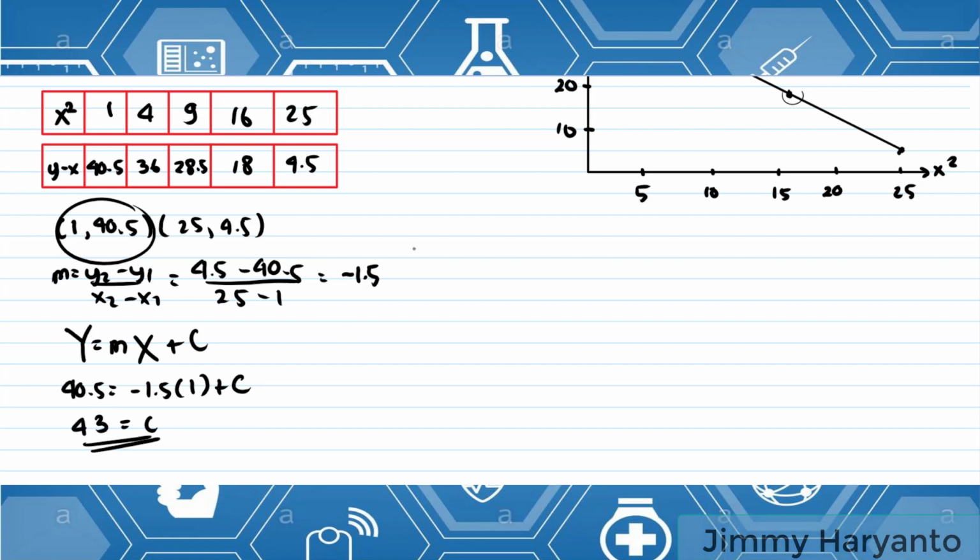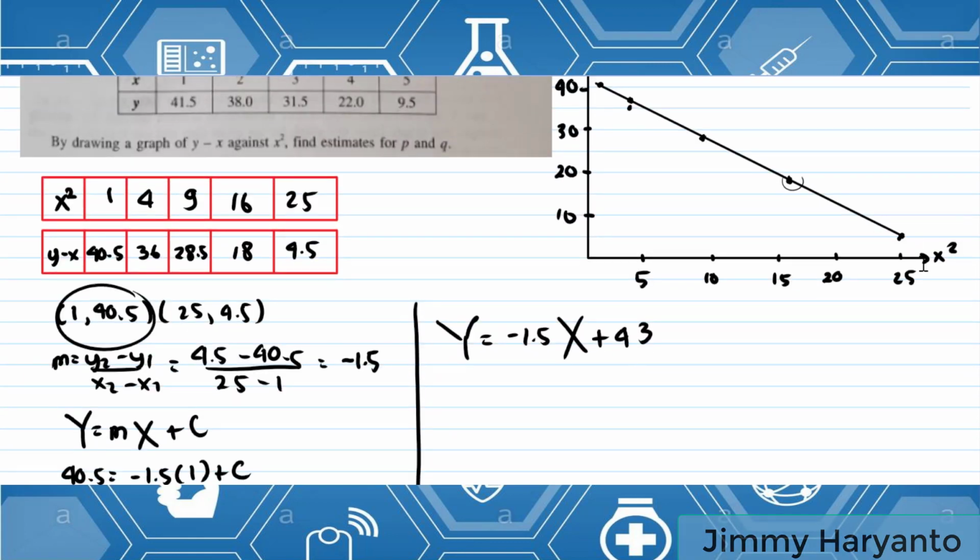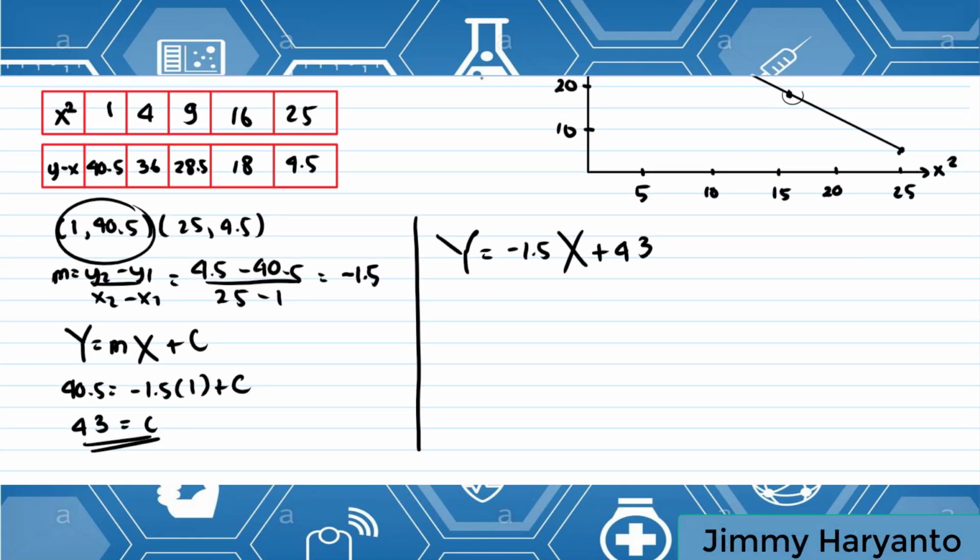Okay. After we get y equals m, negative 1.5 x plus c, we will have to change the y and the big X into y minus x and x squared. So this one is y minus x, this one is x squared, equals negative 1.5 plus 43.